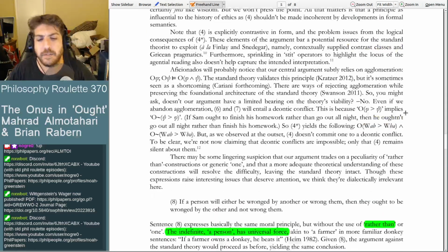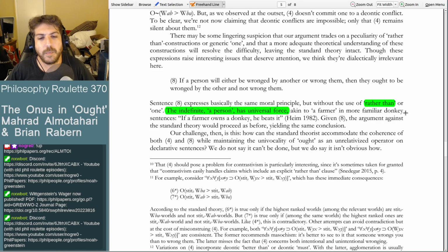And they say down here in the donkey sentence in 8, if a person... I'm just not sure, actually. It does seem like this is right in terms of 8, in terms of a donkey sentence. If a person will either be wronged by another or wrong them, then they ought to be wronged by the other and not wrong them.